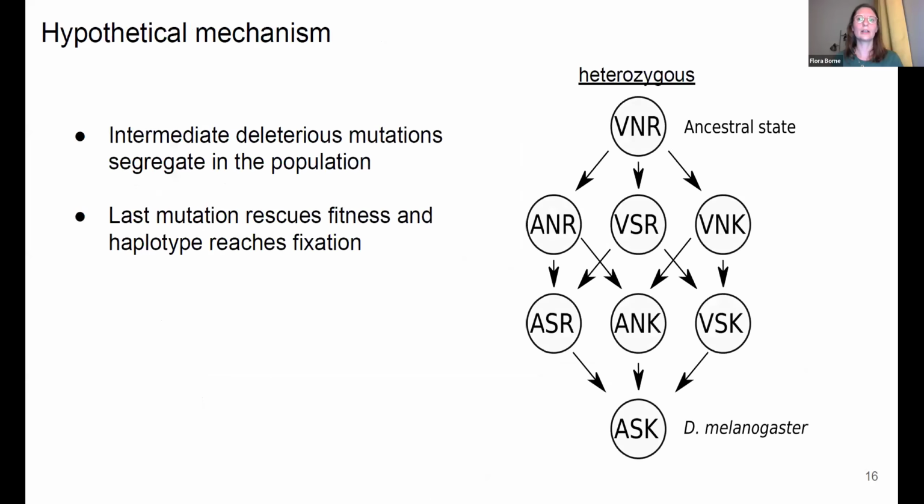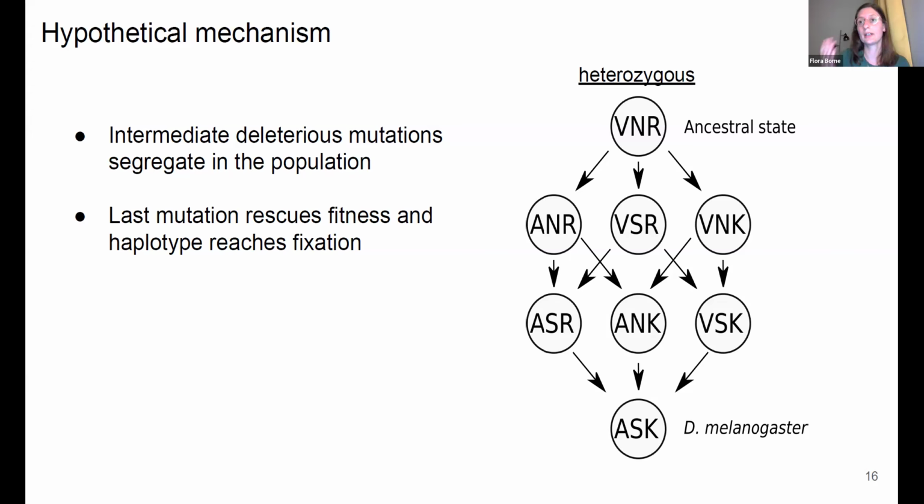So one hypothetical mechanism that could have happened to go from this ancestral state to this melanogaster state, and again, it's hypothetical because the ASK state is completely fixed in melanogaster and similar in PNR, so all those combinations are not present in any species or population. But what we think could have happened is that intermediate deleterious mutations could have segregated in the population, maybe at low frequency.